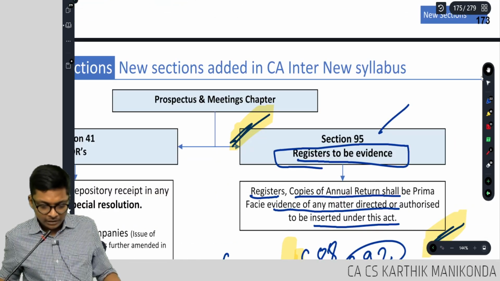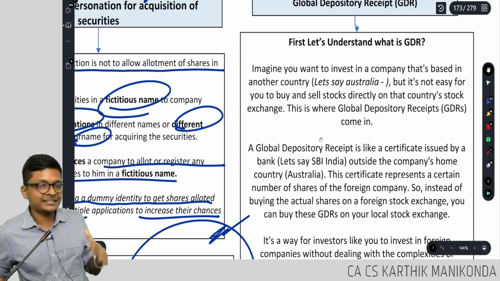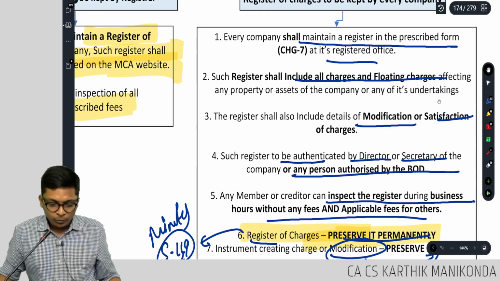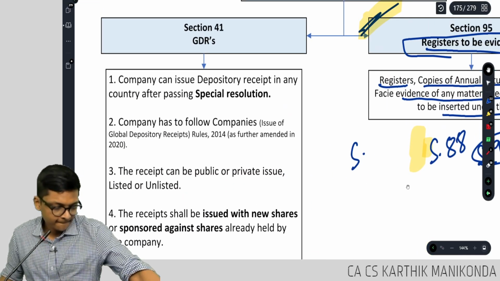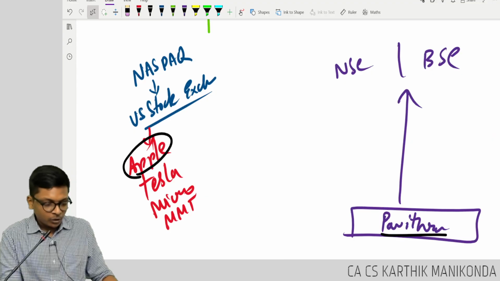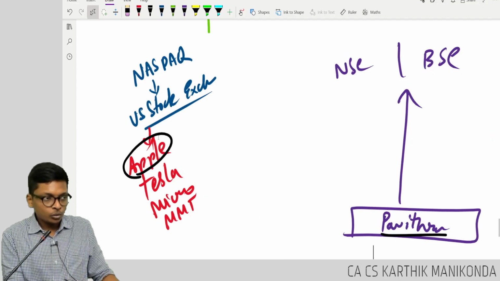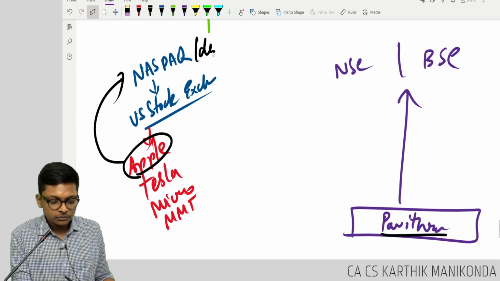What you can see here is what is GDR, which you will read and understand. The provision is coming over here. We will come to that later, but let me explain what it is. Apple will give Apple's shares to NASDAQ, their depository.